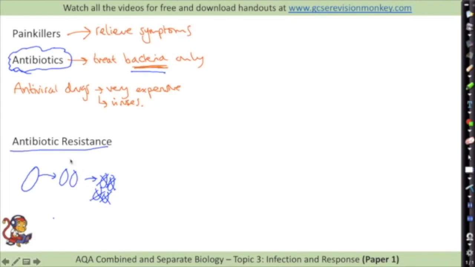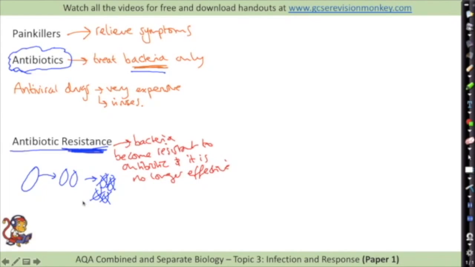However, the bacteria are becoming resistant to the antibiotics. So this is what is meant by antibiotic resistance: when the bacteria become resistant to the antibiotic and it is no longer effective.